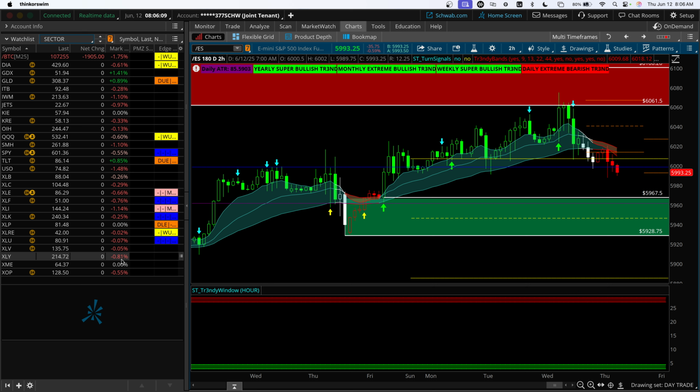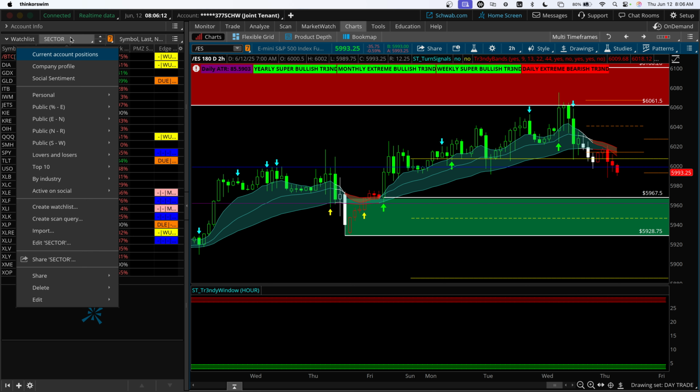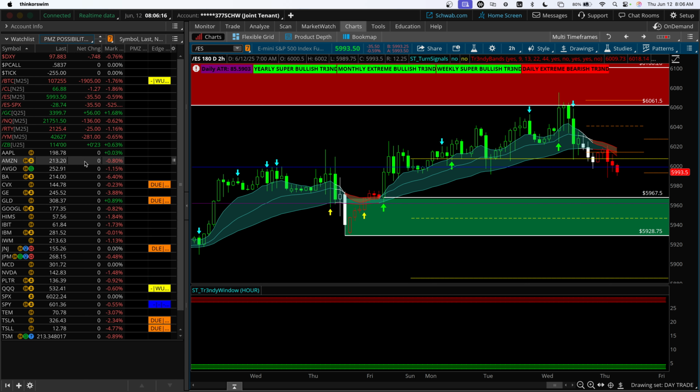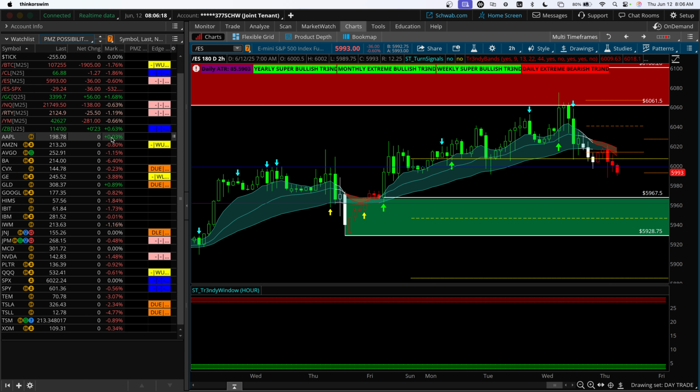So now I want to look at my normal day trading watch list and see on this chart the overall sentiment is down 36 points. What is outperforming? Of course, gold, which we already talked about in the sector analysis. Apple is outperforming.